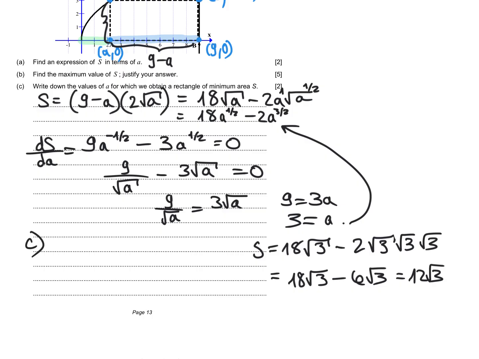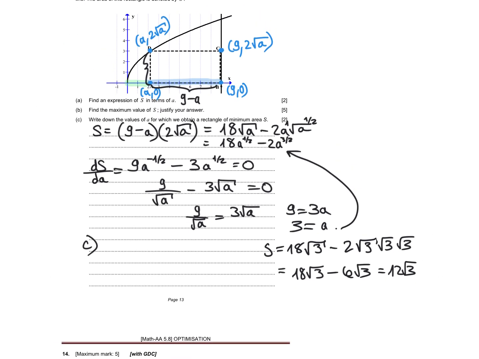Now C, write down the values of A for which we obtain a rectangle of minimum area S. So if we want a minimum value, basically we don't want a rectangle. So if A is 9, it's just a line over here. So that's going to be a minimum.